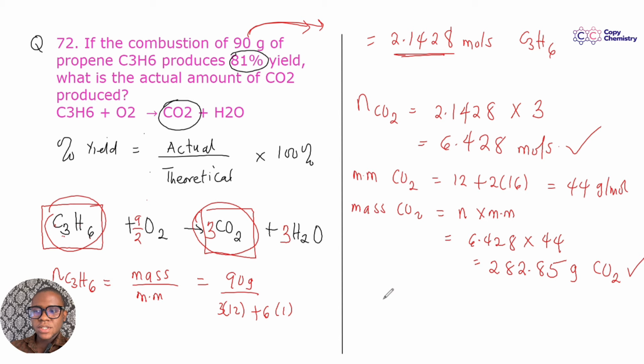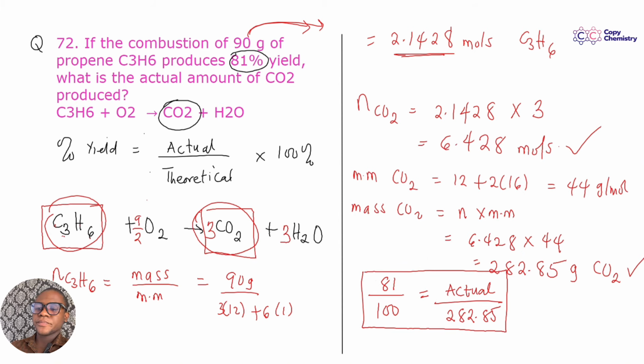Actual percent yield, which is 81%, I'm going to write that like this. 81% is equal to the actual yield, which is what we don't know, divided by the theoretical yield, which is 282.85. So this is my equation.